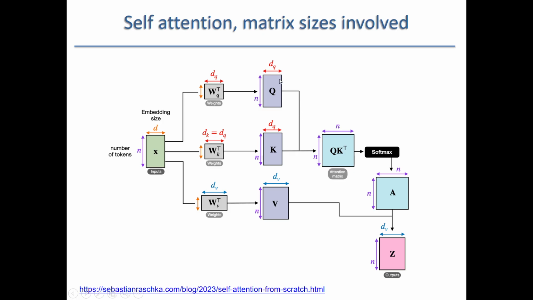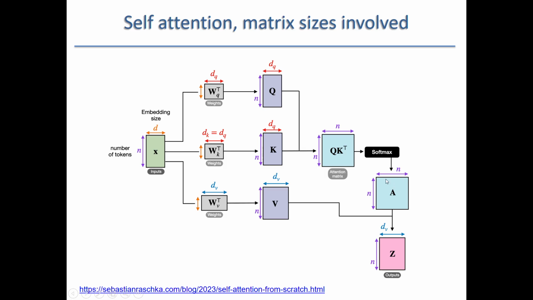And then we have the comparison between all the queries and all the keys: it is Q K transpose, and it has n times n. This is the attention matrix. This n times n has the same size as the number of tokens. And then we do the softmax, which gives you the normalized attention matrix.